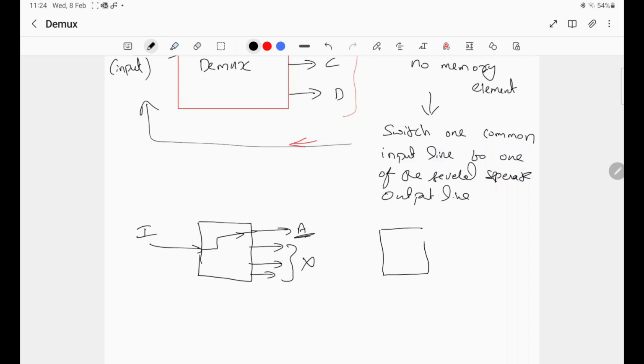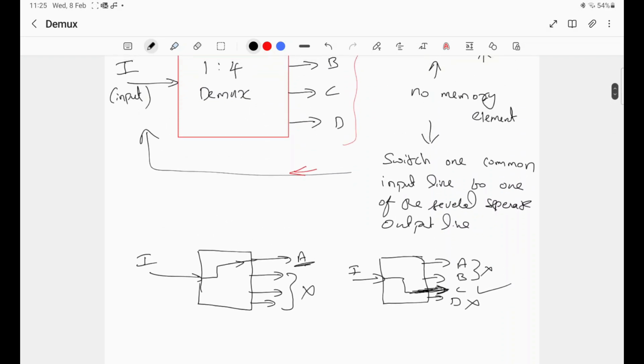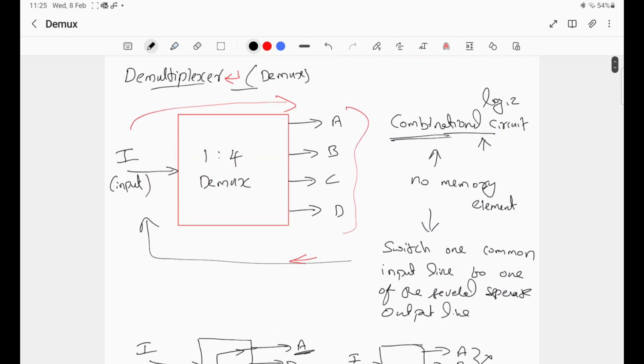At a later time we can provide this input to another output, that means to C. That means it is not available in A, B and D. It is available only in output line C. So we can switch the input to any one of the outputs at a particular time. And this is known as a demultiplexer.